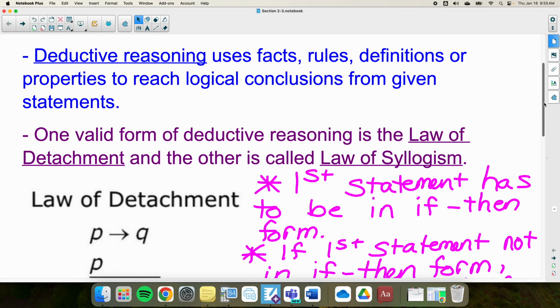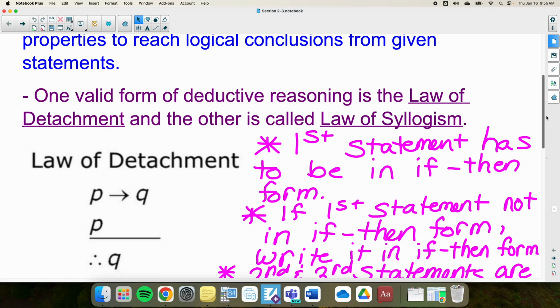So deductive reasoning is where you actually have a rule or a law or a definition or something like that that you would follow. So it's not so much looking at things and trying to come up with a conclusion that may or may not be correct. With deductive reasoning, you're actually looking at facts, okay?